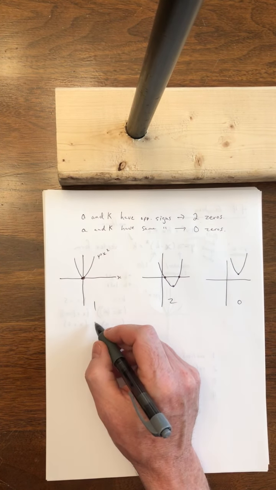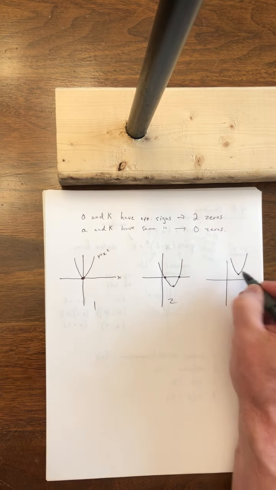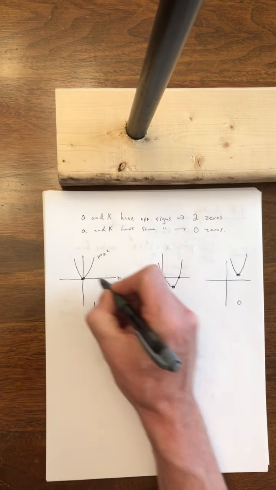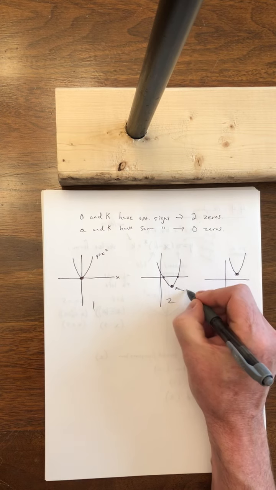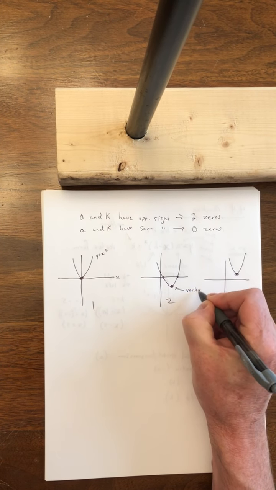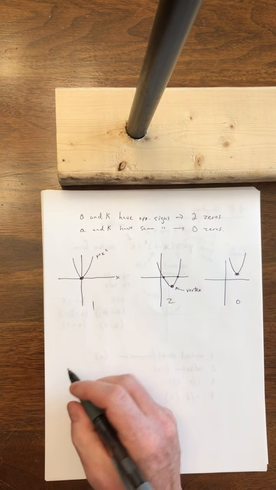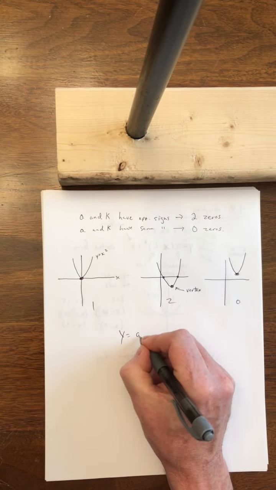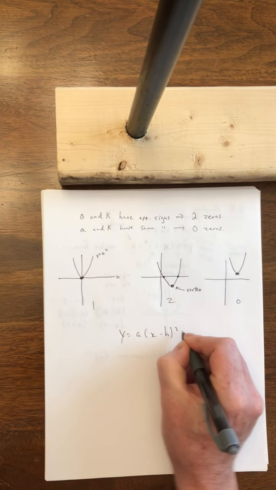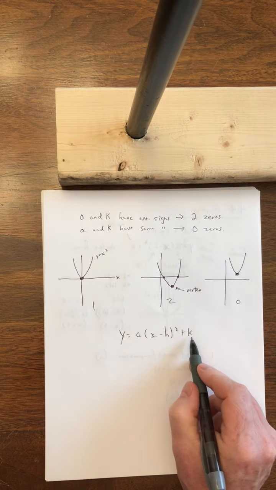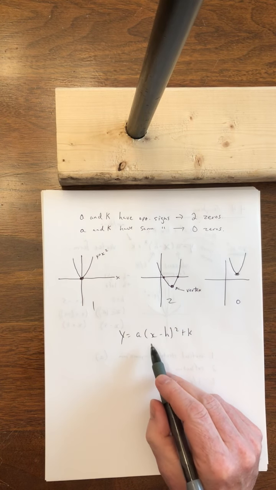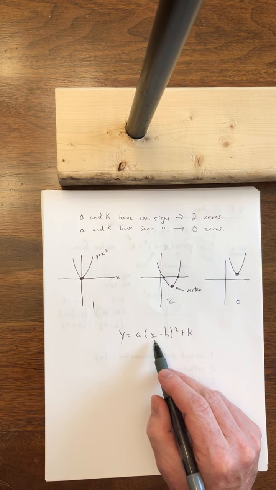We can also tell where our vertex is going to be. So as a reminder, this point, this point, this point, these are the vertexes. We can tell looking just at our formula in vertex form where the vertex is going to be.